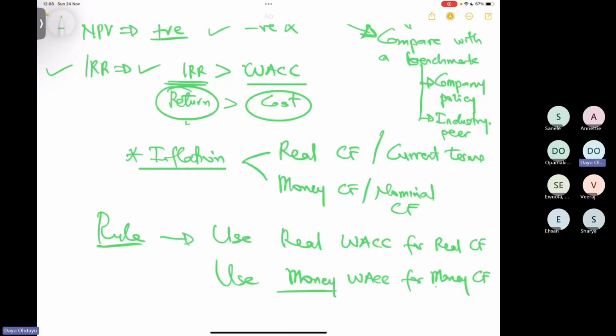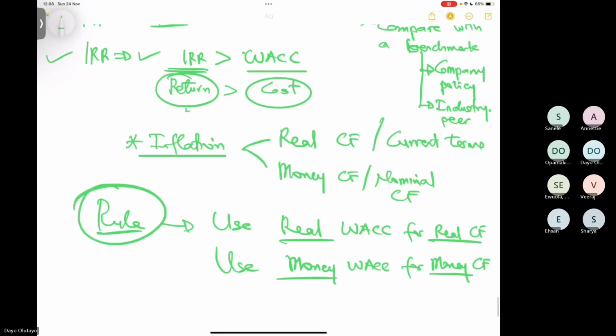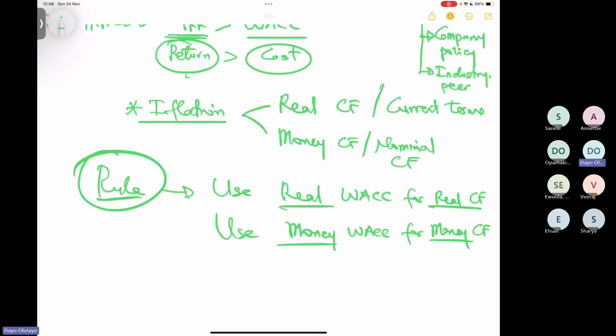So it's money, money; real, real. You must not mix it. If you mix it, it's automatic zero. This is the rule that you need to know. And sometimes they give you money cash flows, they give you real cost of capital. Then you need to remember your Fisher's model.